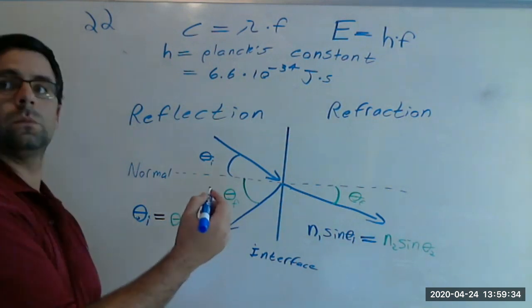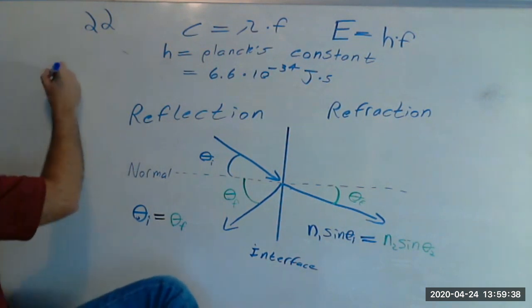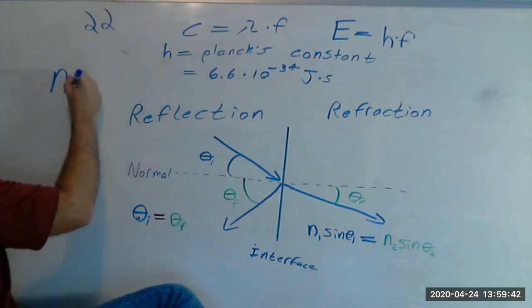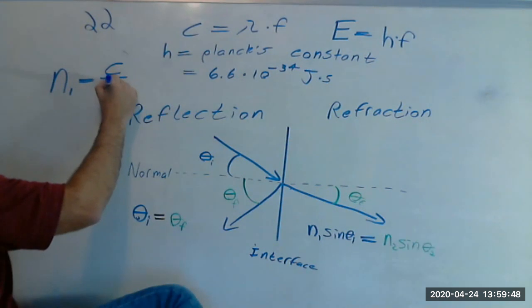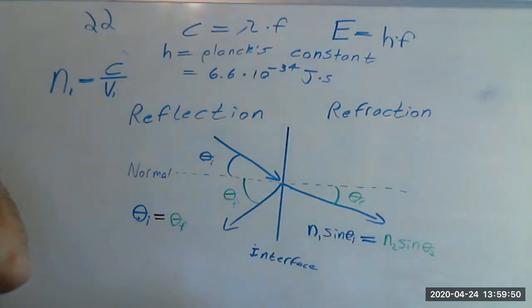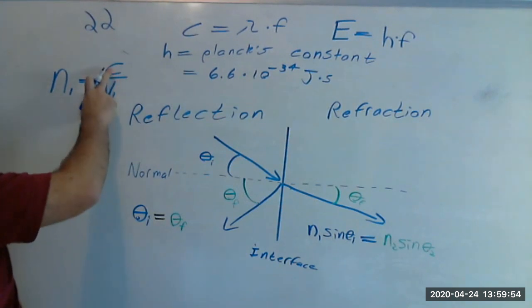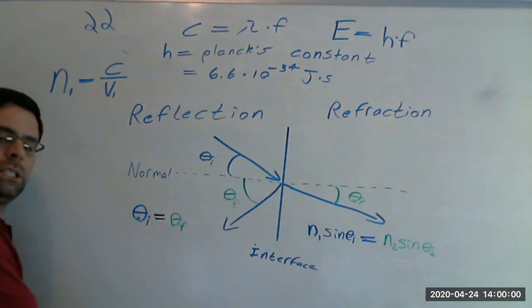So the N value is defined to be the speed of light divided by the speed of light in that material.